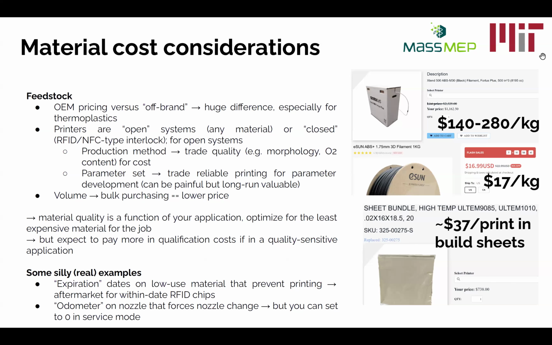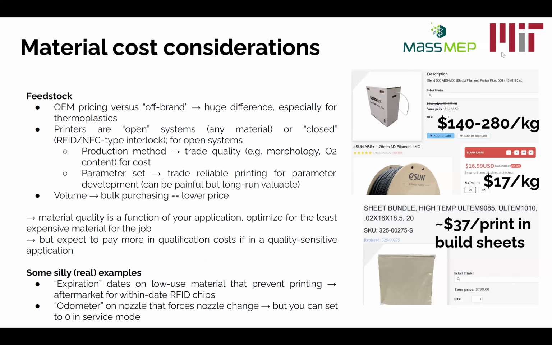So one thing you want to think about is the machine you're buying and your application: can it support an open system, meaning one that can work with non-OEM branded materials, or is it a closed system, meaning it can only work with the vendor supplied materials? They will try their best to make it closed. There'll be RFID or type interlock systems that read the spool of filament and won't print unless they read the spool, etc.